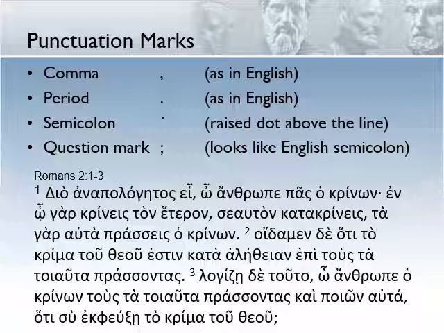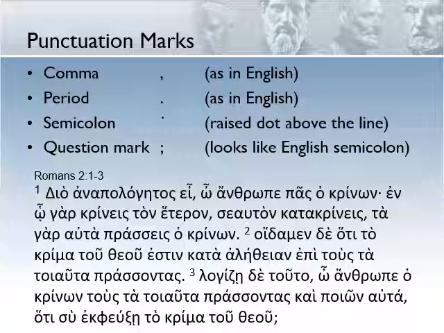And if you look down at the very end of our citation from Romans 2, verses 1 through 3, right at the end of verse 3, you have a question mark. And this is asking the question, will you flee from the judgment of God? So that question is noted by the presence of a question mark.